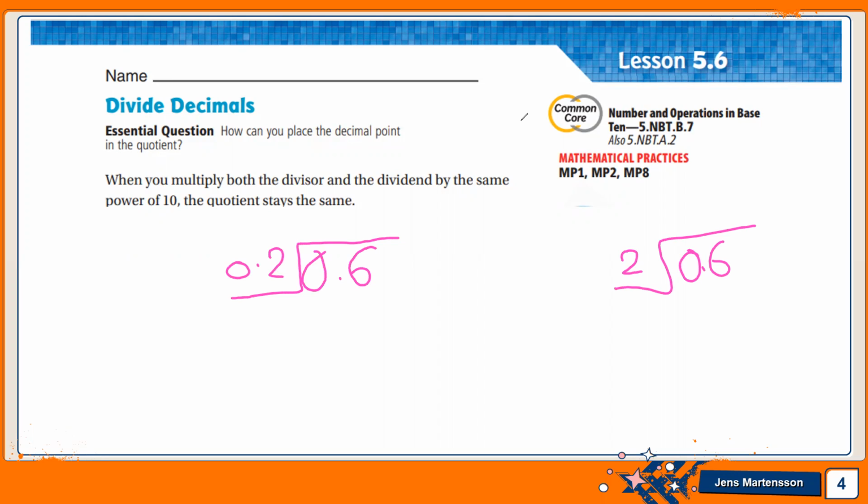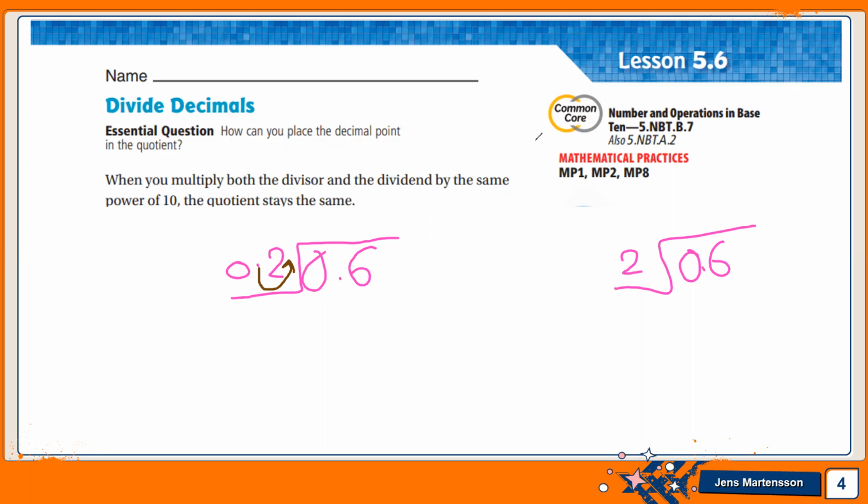And first of all, look at me, please. First of all, you will look at the divisor. The divisor here has a decimal point. So you will move the decimal point one digit to the right, because you cannot divide if you have a decimal point.